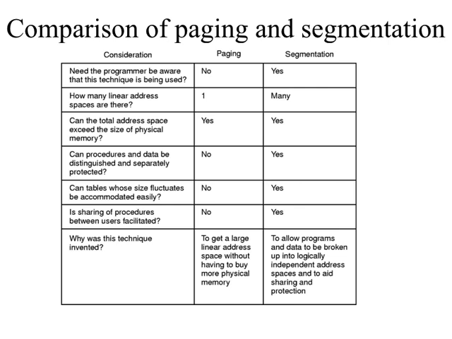With paging, as conventionally used, there is only one address space, whereas with segmentation, there may be multiple address spaces, one associated with each segment. With both techniques, the total address space can exceed the size of the physical memory.